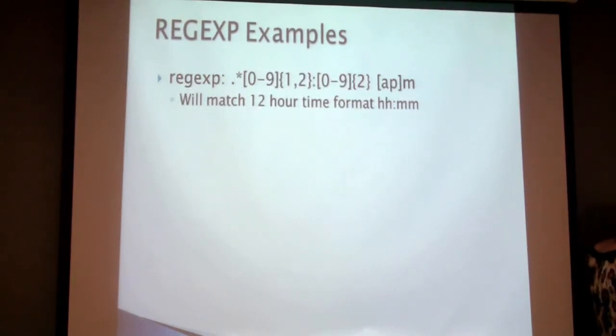The first one can only be 0 or 1. Okay. And then what? 0 to 9. What about the second one? 0 to 2. 1 to 2. No, it's 0 to 2. Okay.